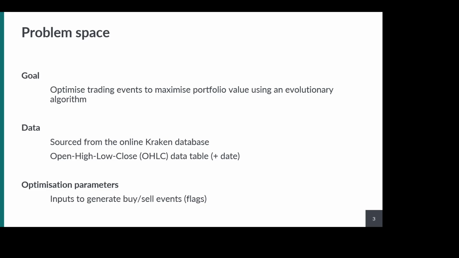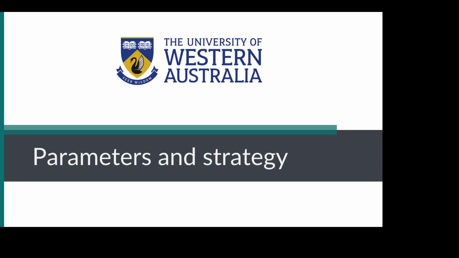The data that we're using is sourced from the online Kraken database and includes the OHLC data table as well as date data for those records. The optimization parameters themselves are the inputs that we're going to be using to generate those buy and sell events, which we'll be referring to as flags from here on out. So let's have a look at the parameters and strategy.